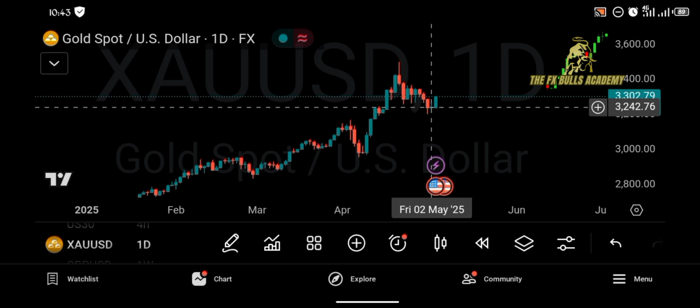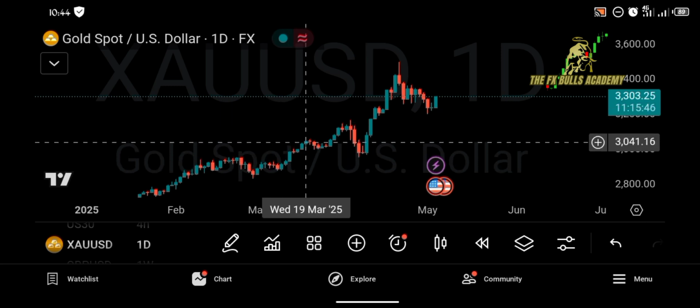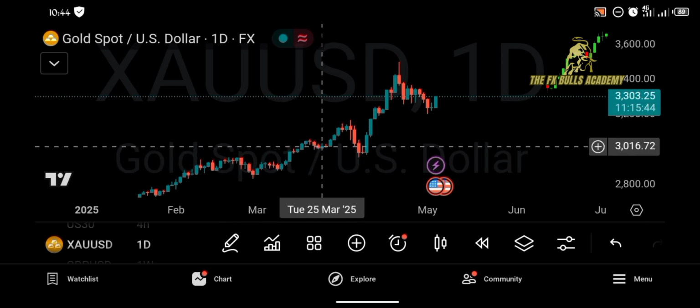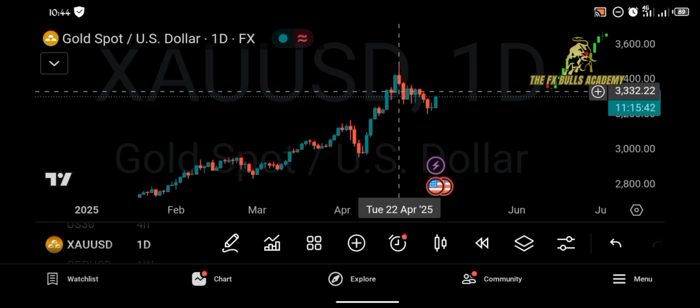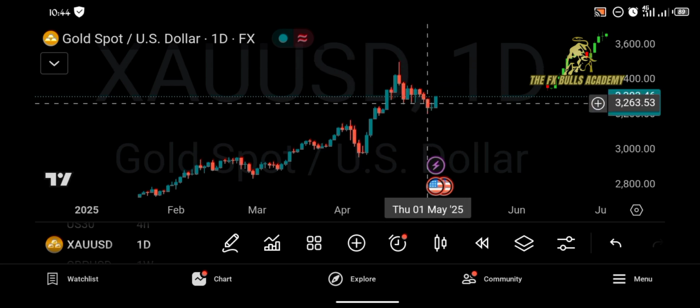Normally in an uptrend, price must retrace first before it moves back. As you can see, price uptrends, retraces, pushes back up, retraces, pushes back up. So this one that is happening here is a retracement. Last week was just retracement week for XAUSD.